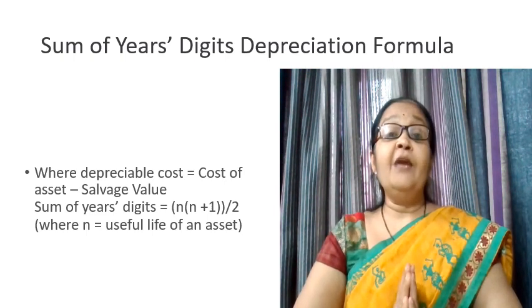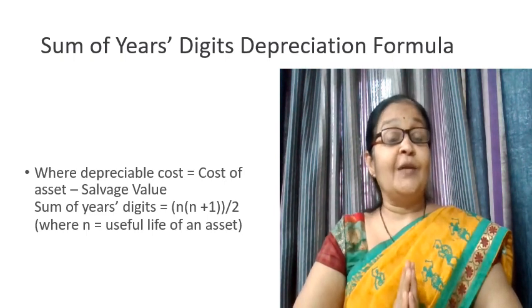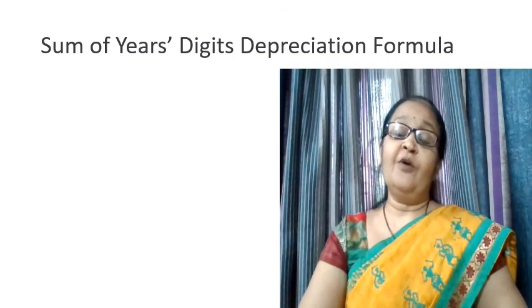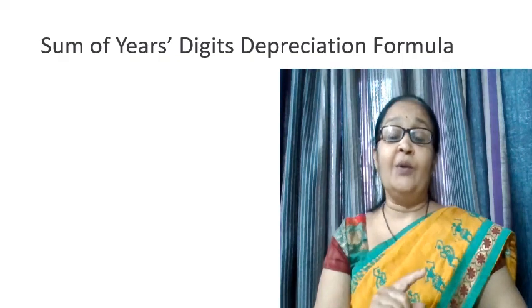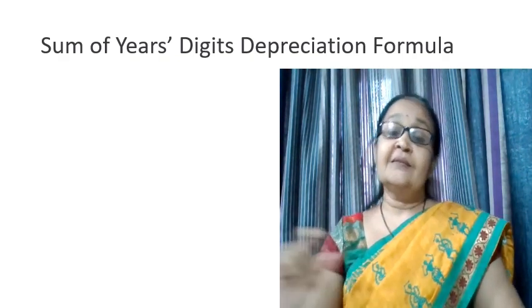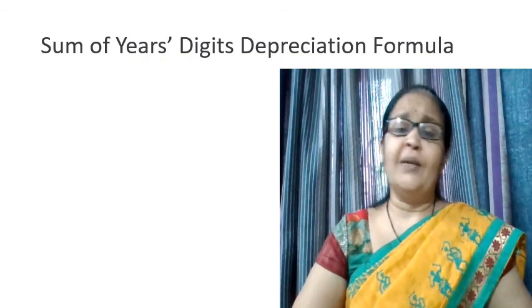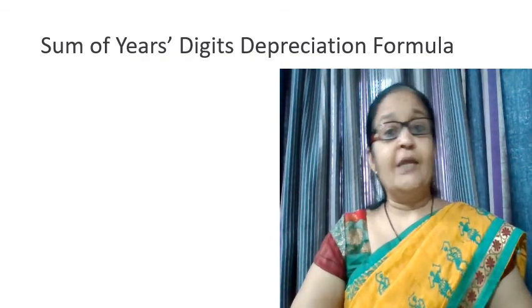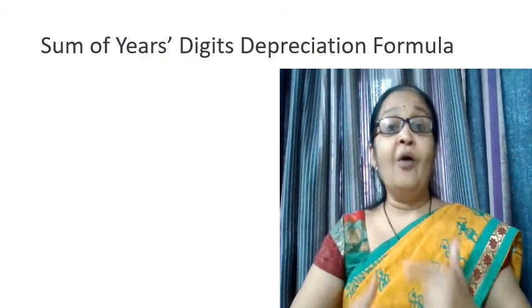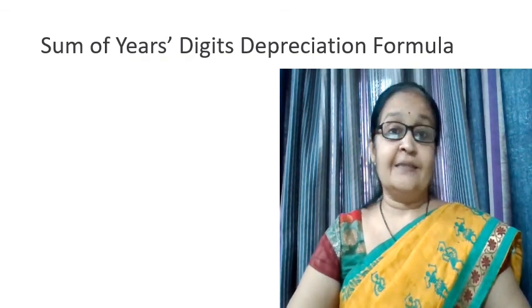Here, if we do 5 plus 4 plus 3 plus 2 plus 1, that is also equal to 15. So if we apply this formula, instead of totaling all the years, we are going to get the same value. So we can use this formula instead of adding all the years digits.